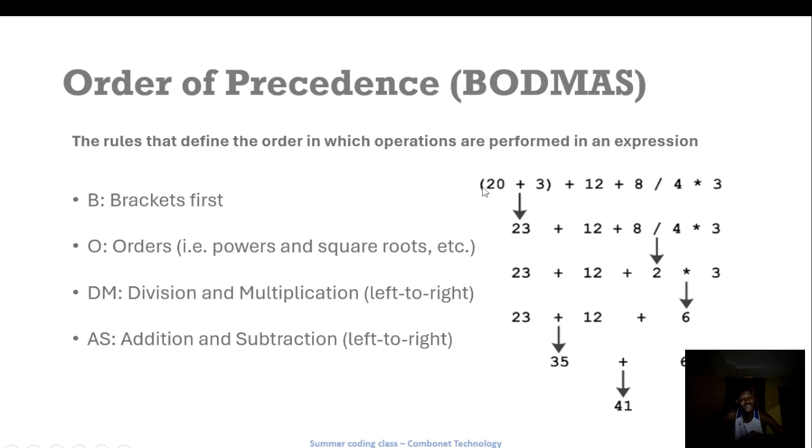Can you see now what we started with? 1, 2, 3, 4, 5, 6. We started with 6 values and 4 operators. Bracket is also an operator. We have 4 unique operators, and let's count all the total number of operators. 1, 2, 3, 4, 5, 6. We started with 6 values, 6 operators.